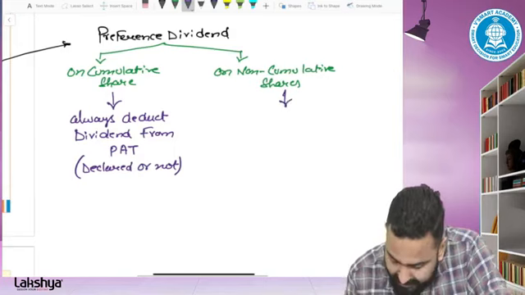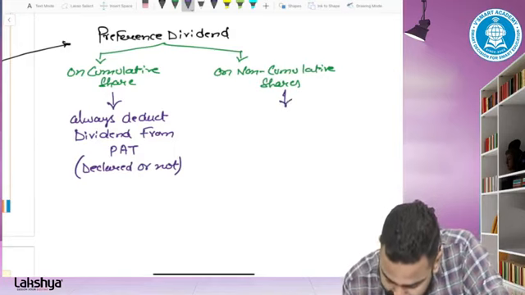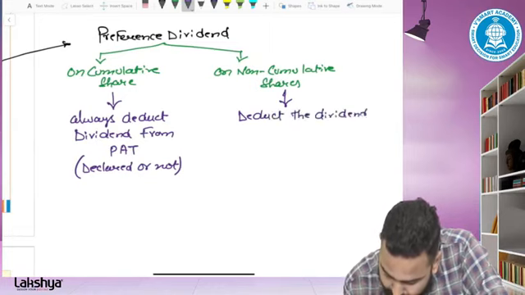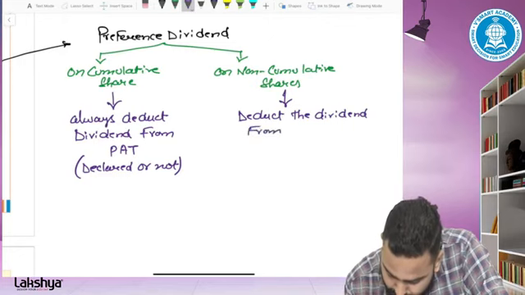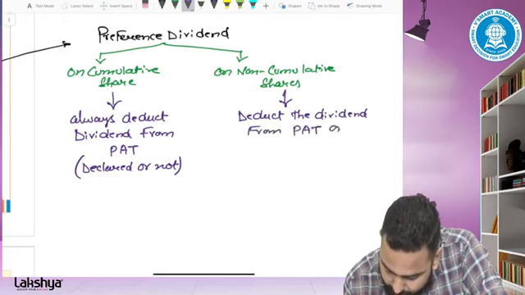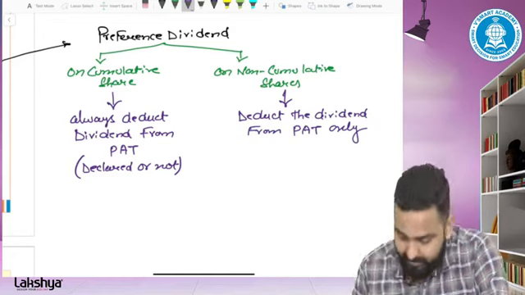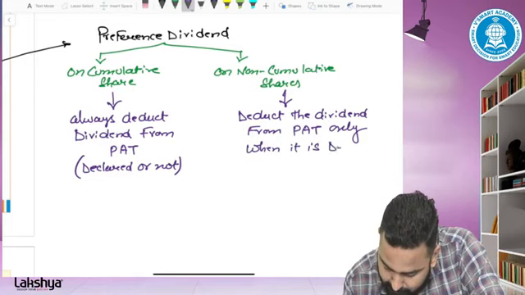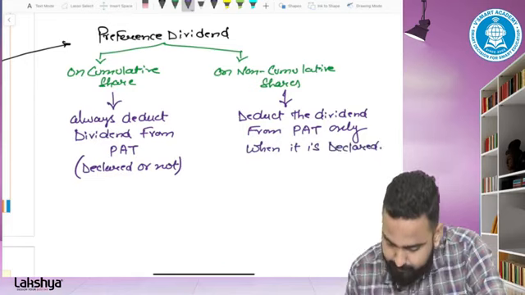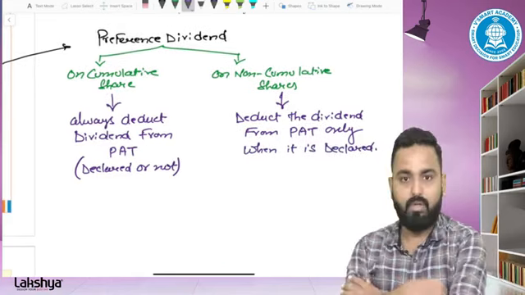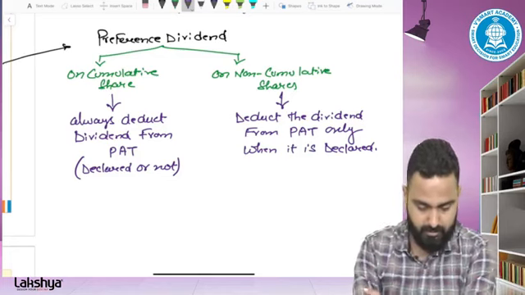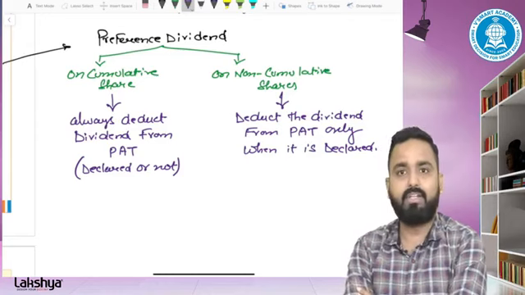But on non-cumulative preference shares, deduct the dividend from PAT only when it is declared.